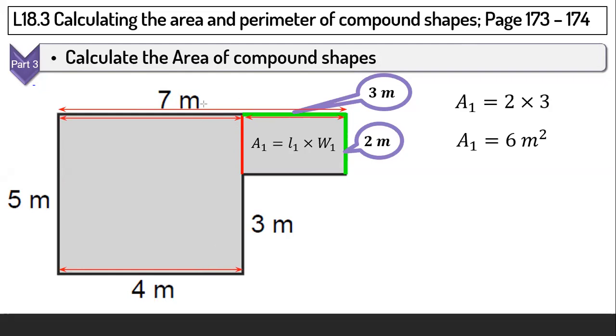I will subtract 7 minus 4, so it will give me 3. Now for the other part, we know that this one is 5, which means this one is also 5. This piece, they give it to you, is 3. So how are you going to find this small piece from here to here? You subtract 5 minus 3, which gives you 2.